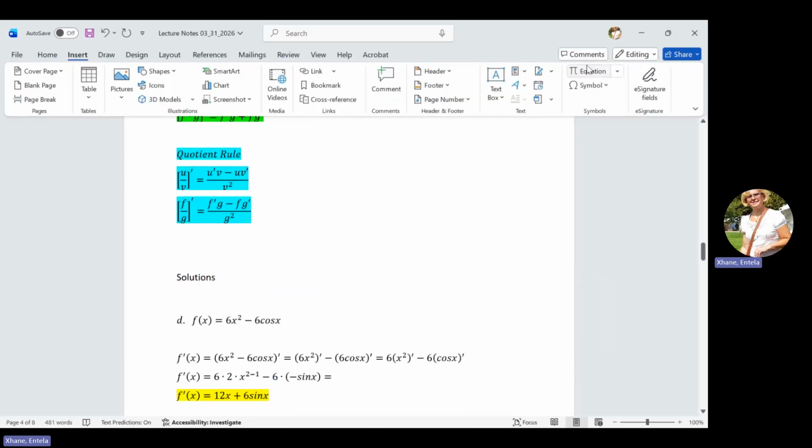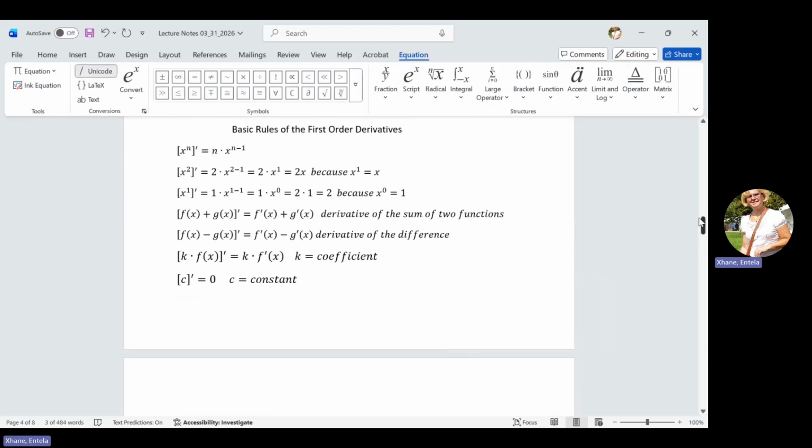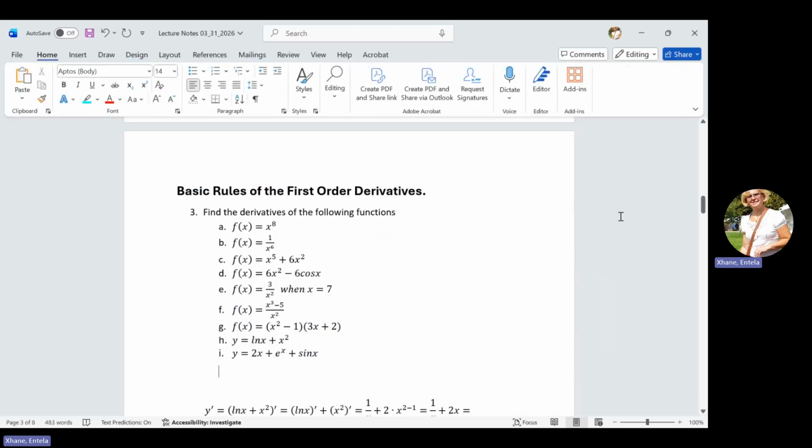I'm going to start with part A. And let's pull up part A. This is the list of examples, a long list of examples.